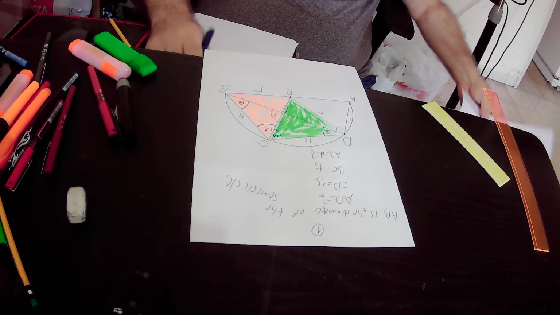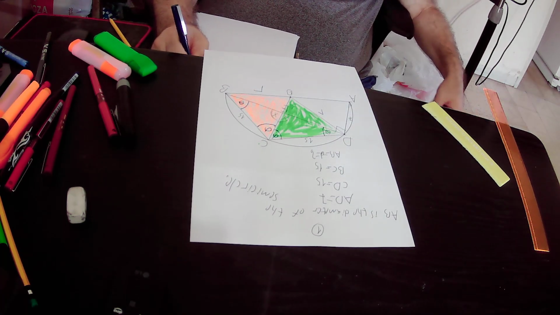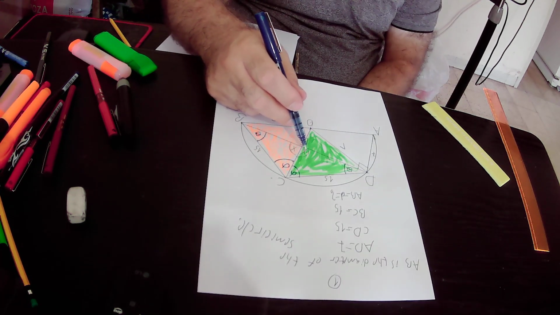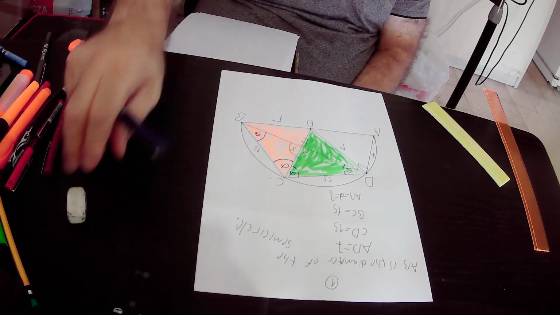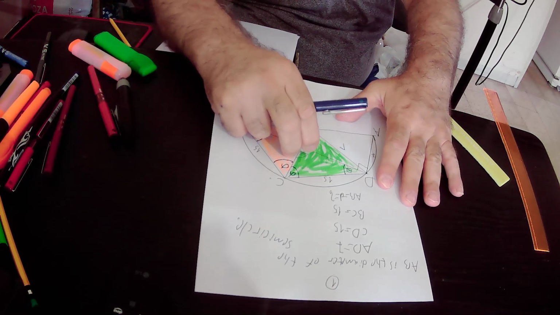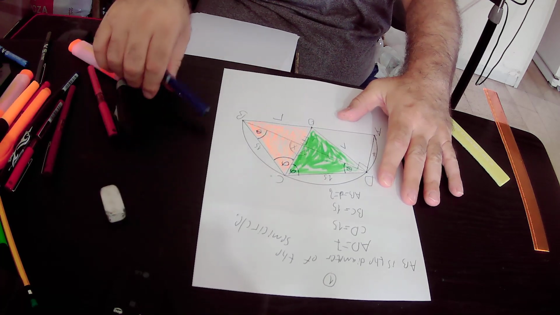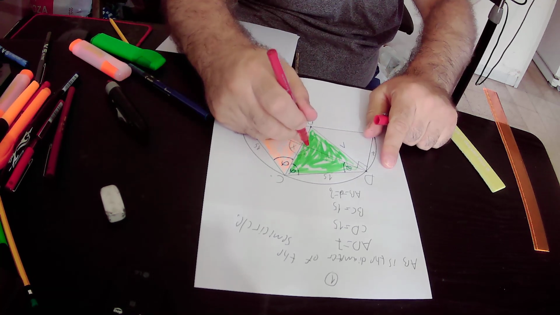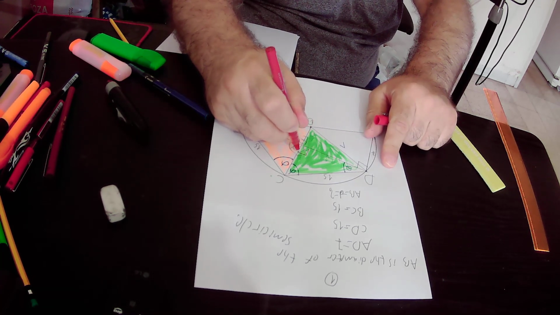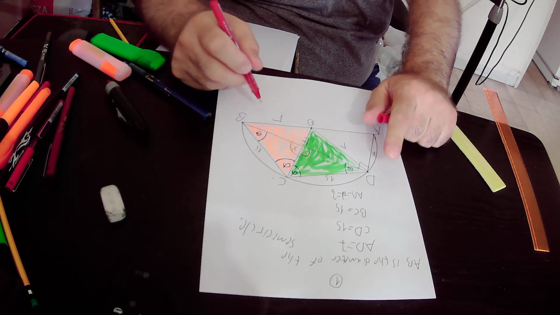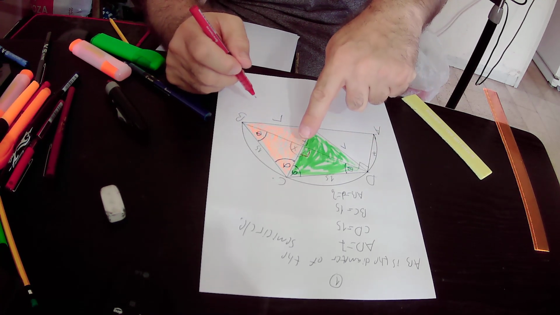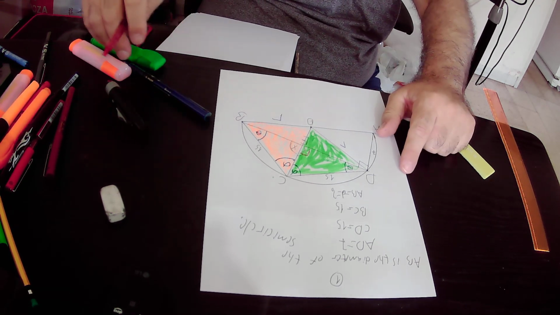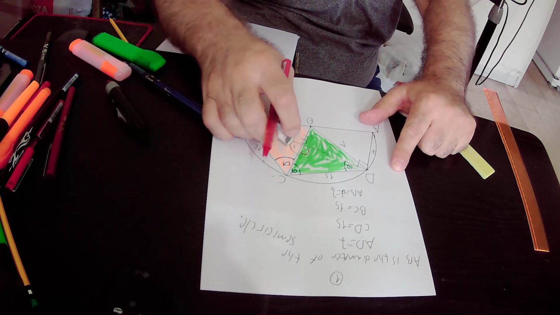Therefore angle DEC, this angle that equals x, is equal to 90 degrees. It is a right angle. And also we found out that angle BEC, that equals x according to our definition, will also be equal to 90 degrees.